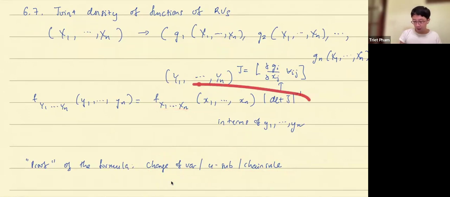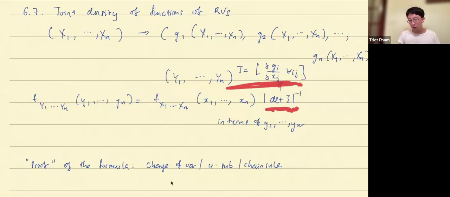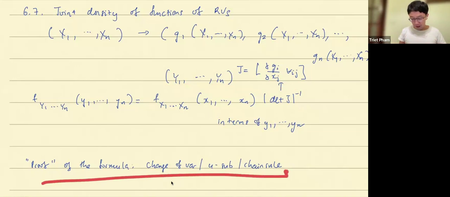This should not be the first time you encounter the determinant of the Jacobian. In Calc 3, this is what you use quite often, at least in one of those chapters where you have to do change of variable for multiple integrals. But we won't really go into that here.